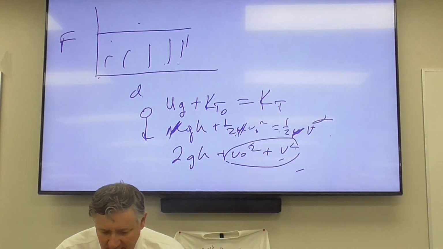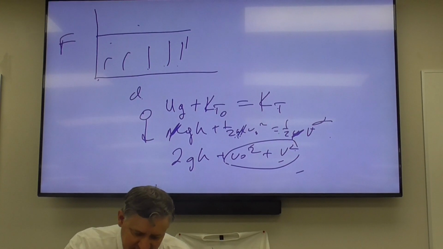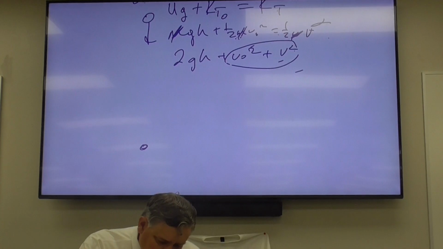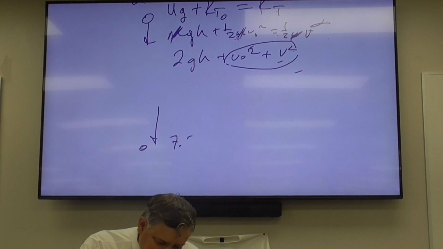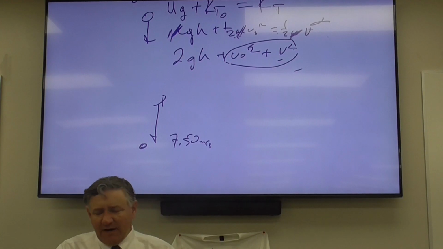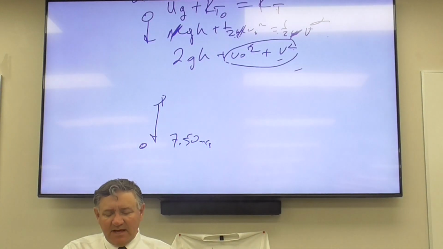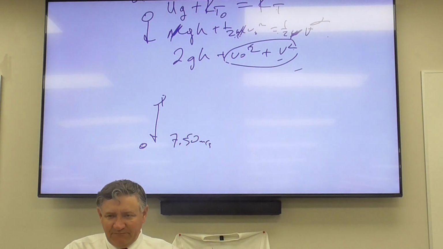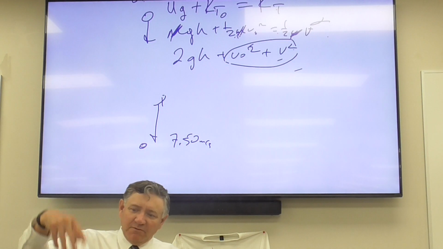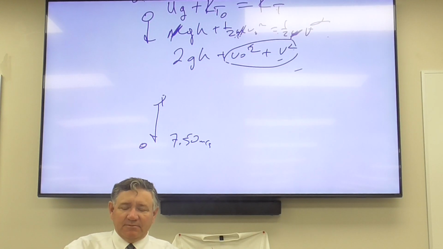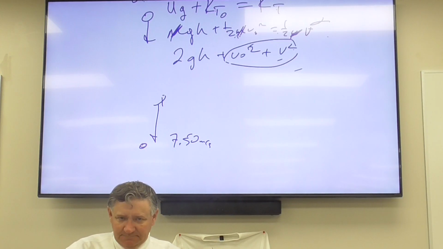So, on number 5, if you think this through, what you're told is that the ball lands going 7.5 meters per second. So you're going to throw it from up here. So obviously, what does your answer have to be less than? Yeah, your answer has to be less than 7.5. You're not going to throw it down and then have it slow down as it approaches the earth, which would be cool, don't get me wrong, but that's not what you got.